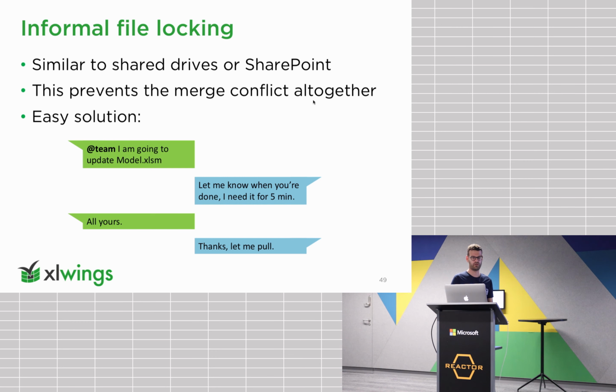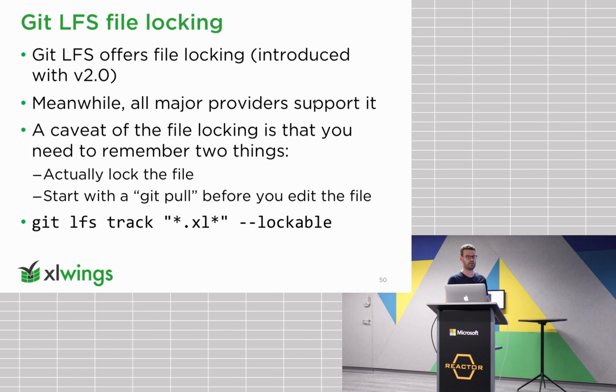But if you're looking for something more formal, then there is actually a feature baked into Git LFS. In the more recent versions of Git LFS, starting with version 2.0, there's this mechanism for file locking. Last year, not all of the providers were supporting file locking, but meanwhile, from what I checked, all of them have caught up.